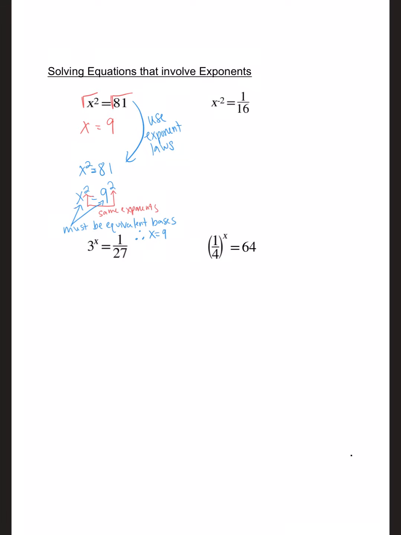Now, with an example that's simple, of course, we would just take the square root. But I'm just trying to show you how you use those exponent laws, especially when you get into more complicated equations that deal with exponents and variables. So if we look at the next one, we have x to the negative 2 equals 1/16.